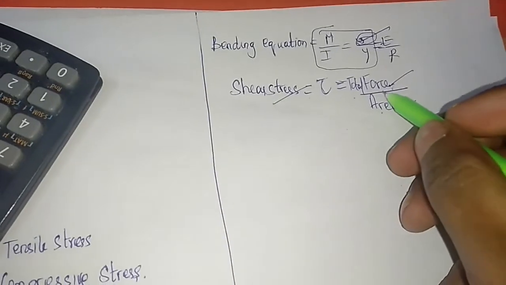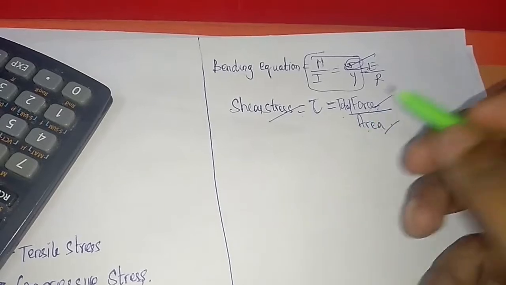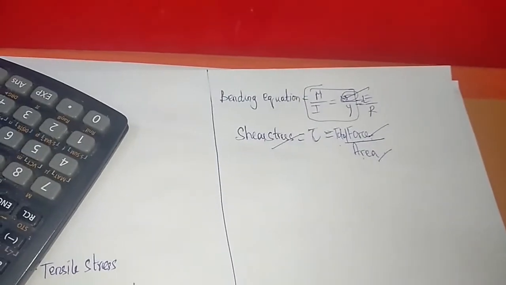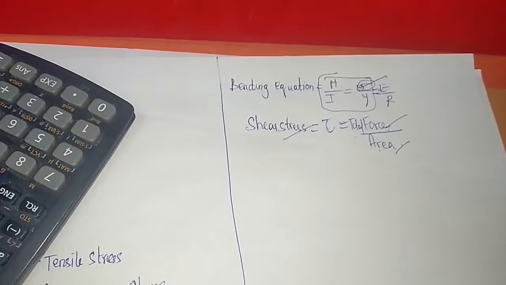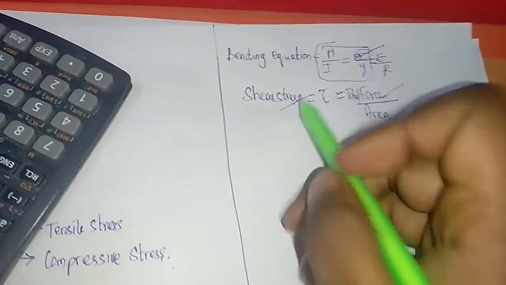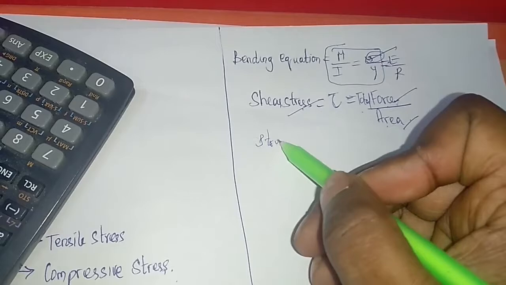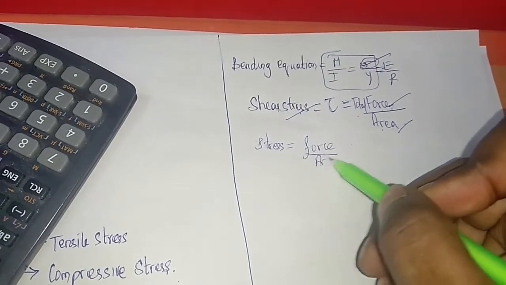So you already know what force actually is. Force is nothing but a particular external pull or push that is acting on a particular beam. Okay, so you already know what stress actually is, right? Stress is equal to force by area.